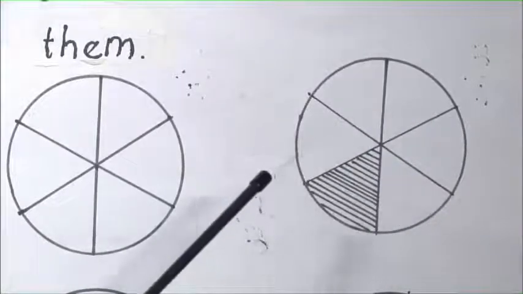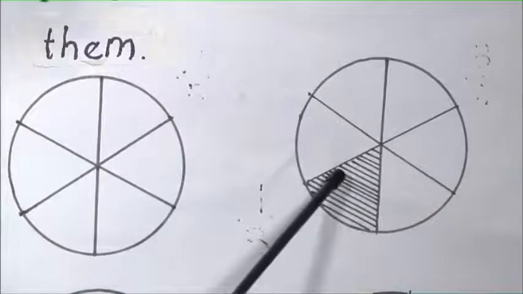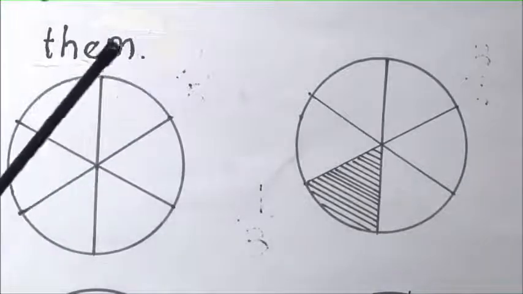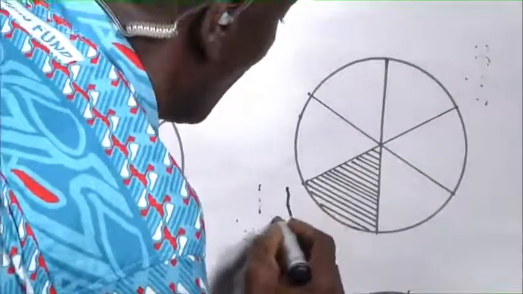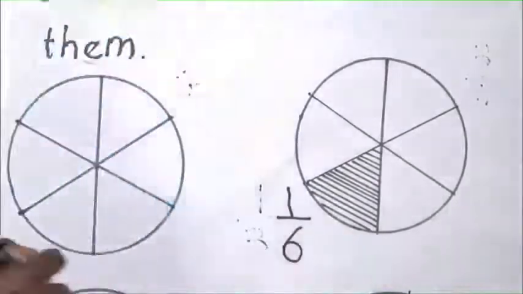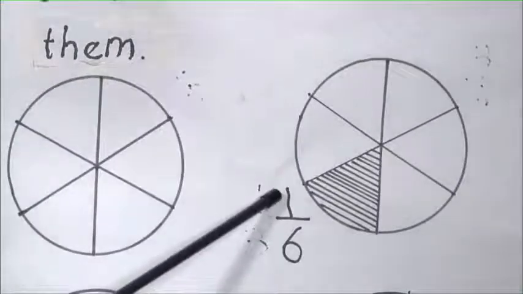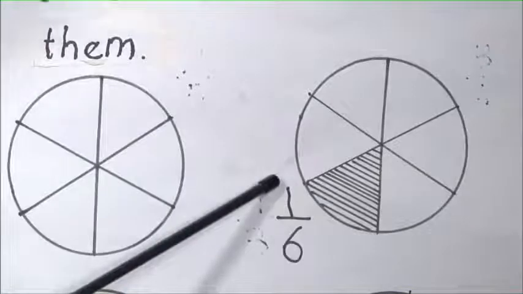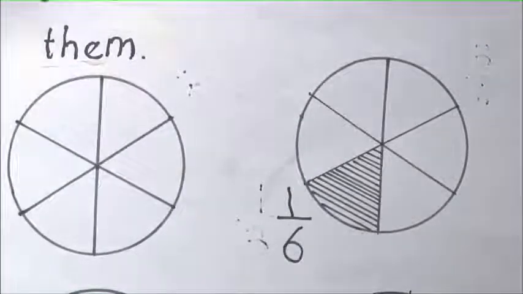How many parts have been shaded? 1. So what fraction is this? The shaded part. It is 1/6. Say it after me. 1/6. Last time, 1/6. Very good.